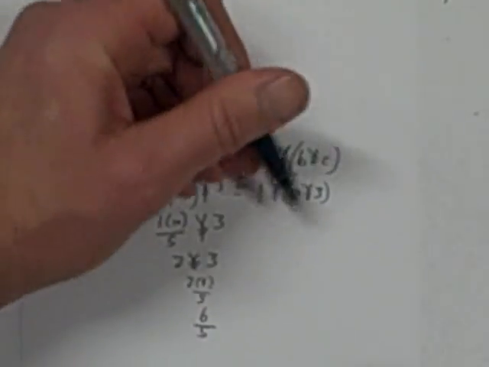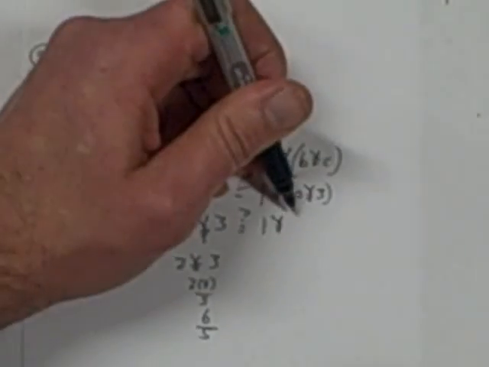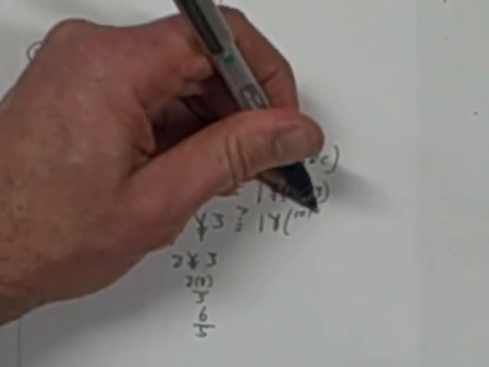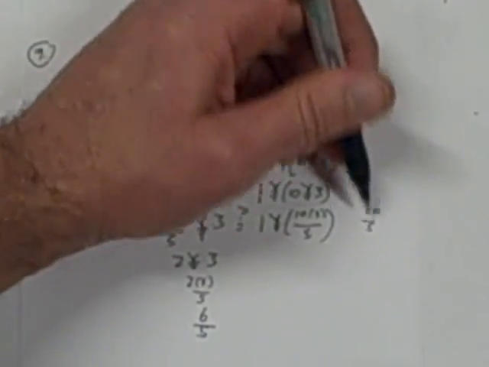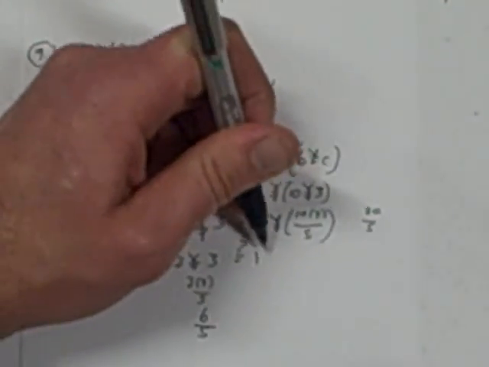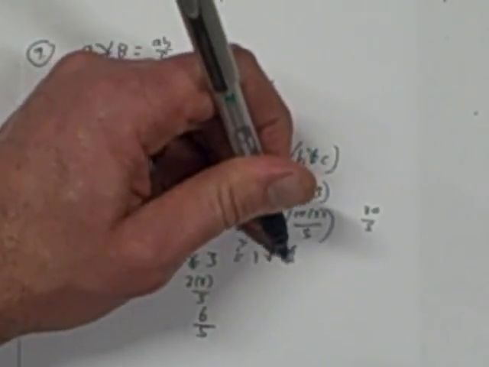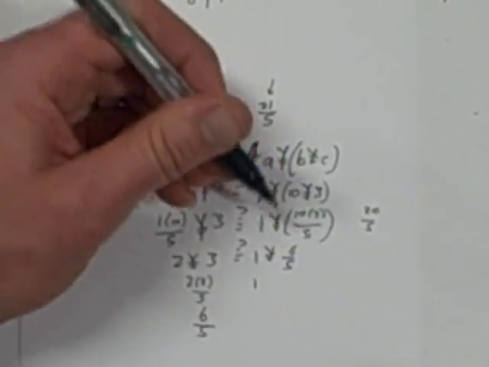Okay, now let's do this side. I still don't know if they're equal. 10 Y 3 would be 10 times 3 over 5, which is 30/5, which is 6. Let's see, that combined with that would be 1.